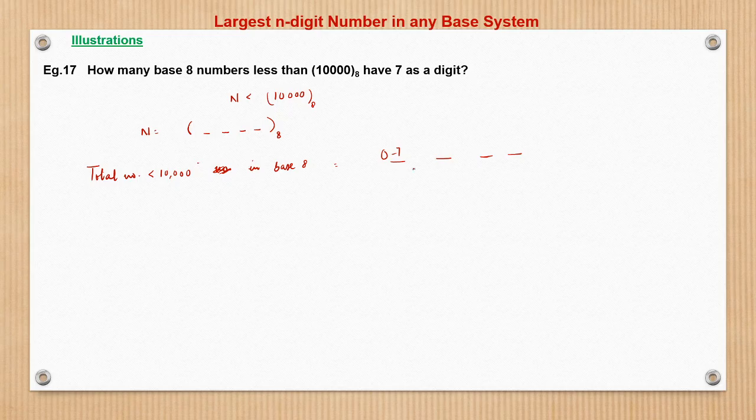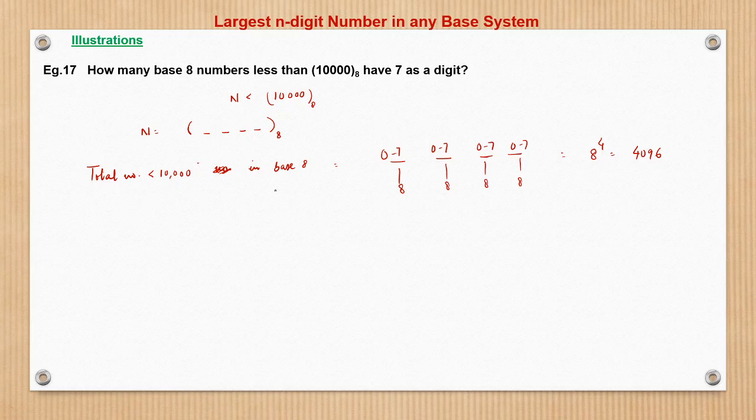So it will include 1-digit, 2-digit, 3-digit, and 4-digit numbers. Each place is 0 to 7, because it is base 8. So 8 possible cases each, so there are 8 raised to power 4, which is 4096. This is 64 squared, which is 4096.